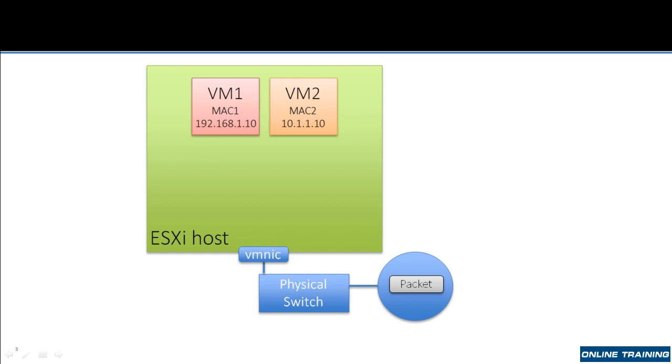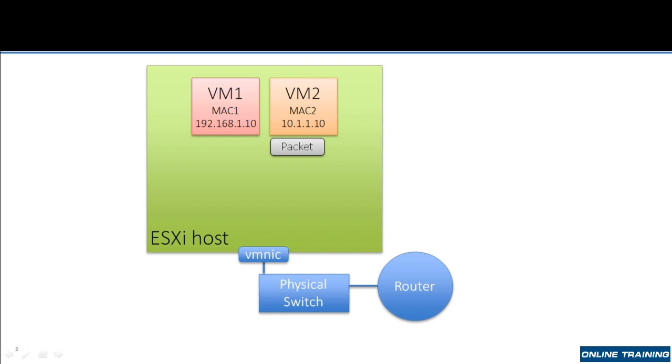The packet needs to flow through the physical adapter of the host, through a physical switch, hit a physical router, get routed back to the same physical switch, back to the same ESXi host, and eventually reach its destination. And these two VMs are running on the exact same host. So you can see how that traffic pattern isn't really optimal.